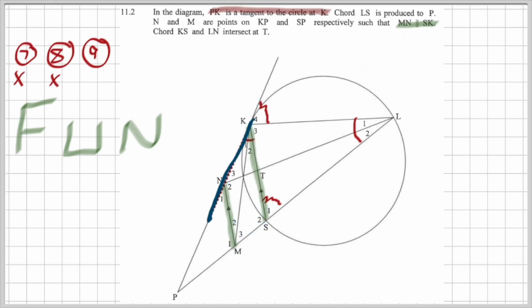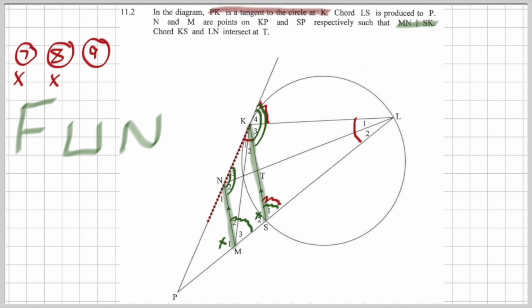So if I use the F's in that way, and also in this way, that one and that one. I've got the green ones that are equal. And I've got all of those pairs that are equal. So M1 and S2, S1 and M2 and 3, and N2 and 3, and K3 and 4.